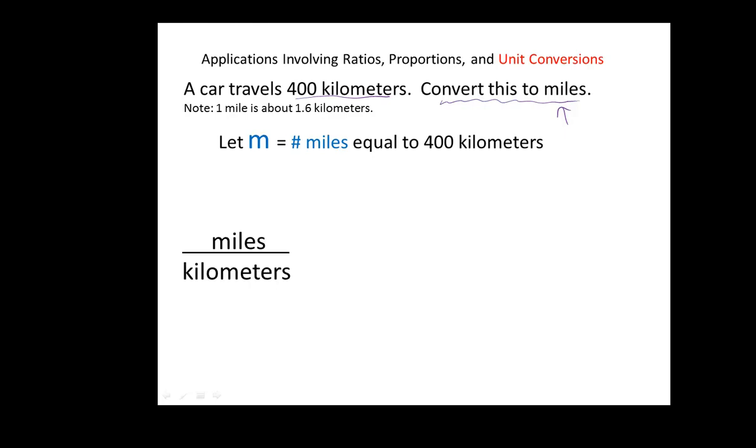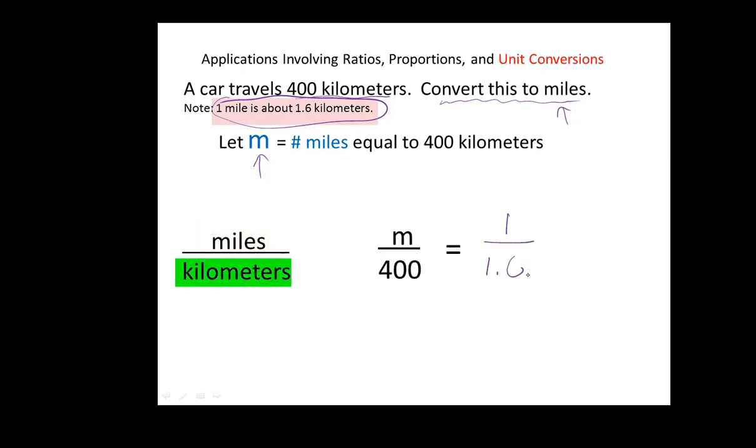We're going to start by setting up a ratio, and let's use this ratio. We're going to put miles on top of kilometers, and we're going to start with M on the top. We have M over 400. This is equal to, now we're going to use our conversion factor here. 1 mile is about 1.6 kilometers, so I'm going to put the 1 on top and the 1.6 on the bottom.